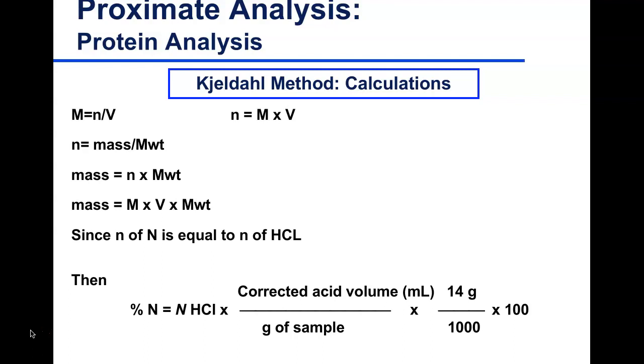So now we need to calculate the actual moles of HCl with this information we have and know. So that would look like then, using this equation up here, that our moles of HCl is going to equal our normality of HCl times our volume of HCl.